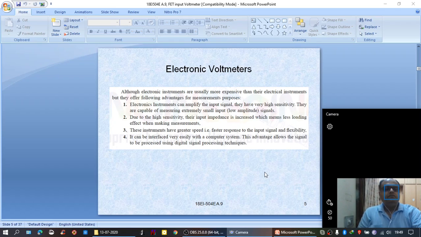You are getting that voltage from the feedback in an industry or in a control unit of an industry, say in a boiler. The temperature is to be maintained constant.